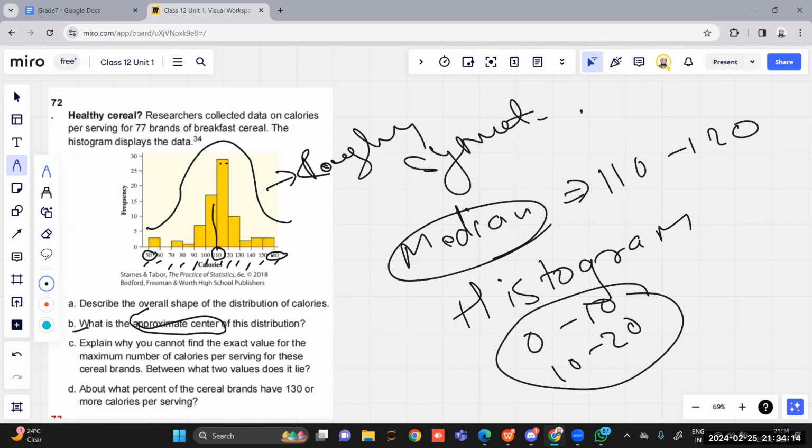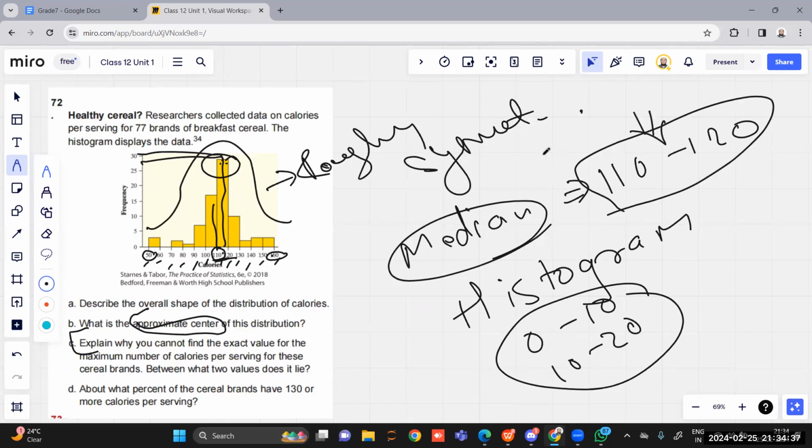So he's telling us, explain why you cannot find the exact value of the maximum number of calories. The maximum number of calories, I think it's around 28, but we cannot give it as an exact number because this bin is for an interval 110 to 120. Yes or no? We cannot give it the exact value. Likewise, it can be 112 or 113.